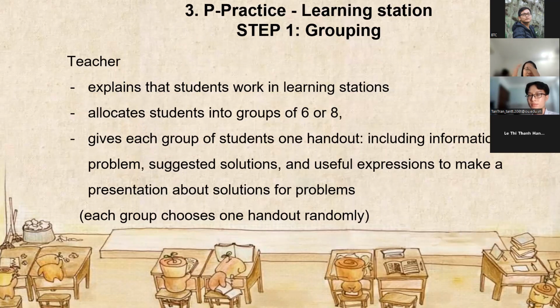So now let's start with grouping. I told you about the station already. Station number 1, station number 3. So the teacher will assign where station number 1, station number 2, and station number 3 are in the classroom. I did this with my students already, but I forgot to take photos.